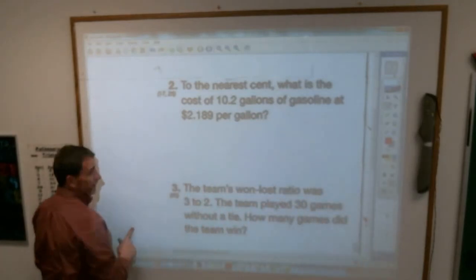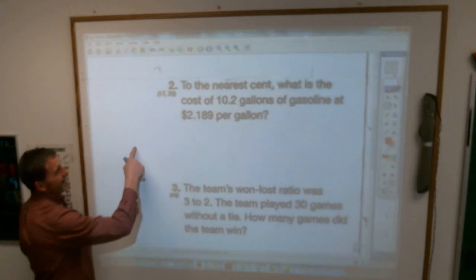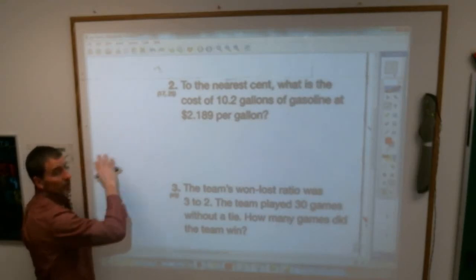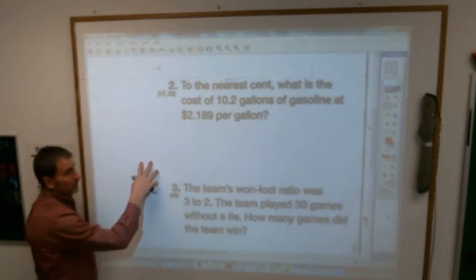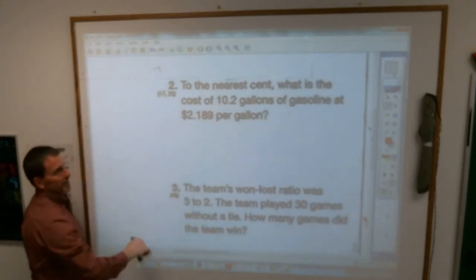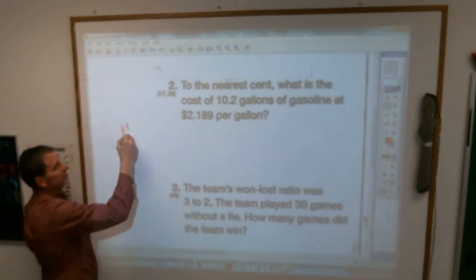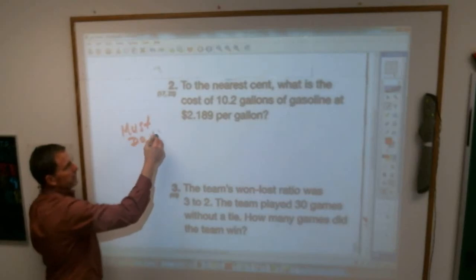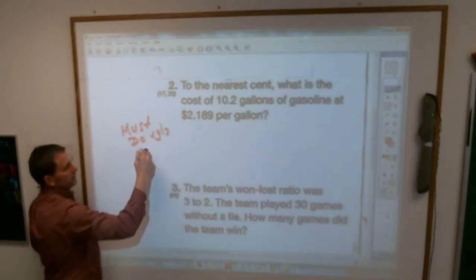And this is the note to write to yourself for this. You cannot round to the nearest cent until you've done all the calculations. You can't say I'm just going to make this 10 and I'm going to make that $2 and call it a day. You must do the ugly math.